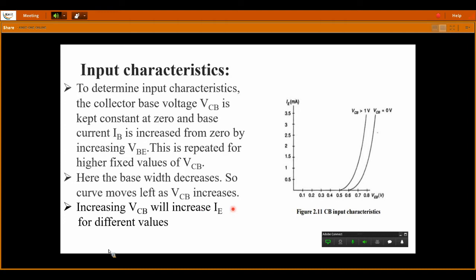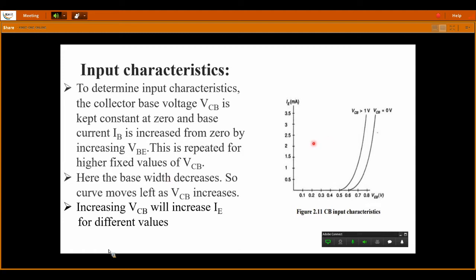So increasing your VCB will also increase the emitter current. Here, the characteristic curves will be moved towards the left side of the curve which was initially taken with 0 volts.